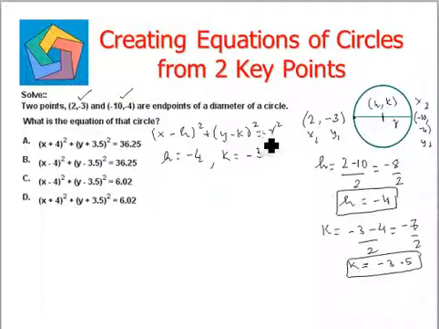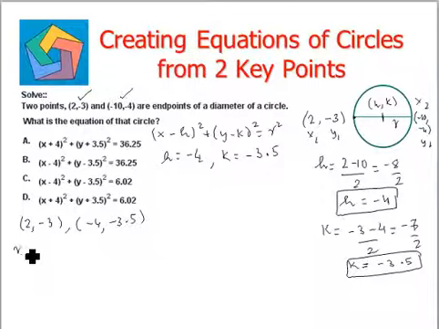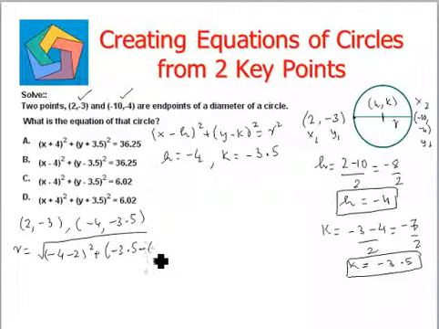So we'll now find out the radius r by taking one of the endpoints and the coordinate of the center just found. So we'll take 2 and negative 3 and negative 4 and negative 3.5 as the 2 points to find out the radius. So this is nothing but r equals negative 4 minus 2 whole squared plus negative 3.5 minus 3 whole squared under the root.